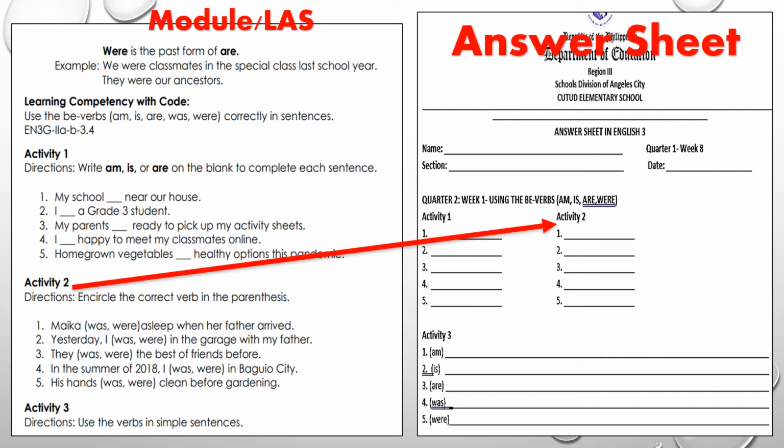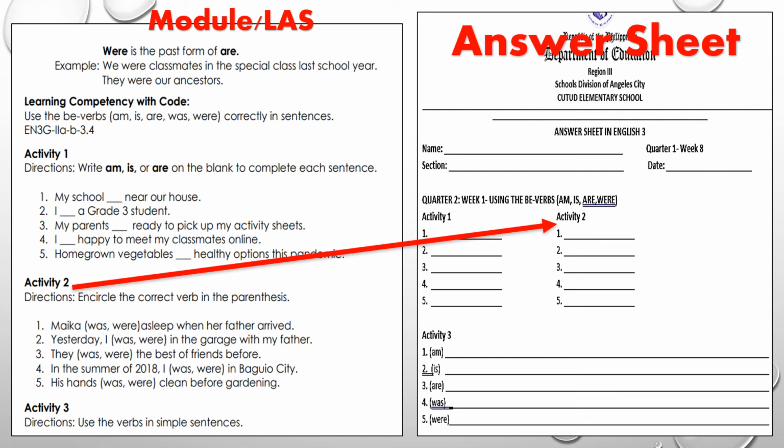What do you think is the correct answer? Okay, and the correct answer is? Yes, Micah was asleep when her father arrived. Correct. Now let's go to number 2.